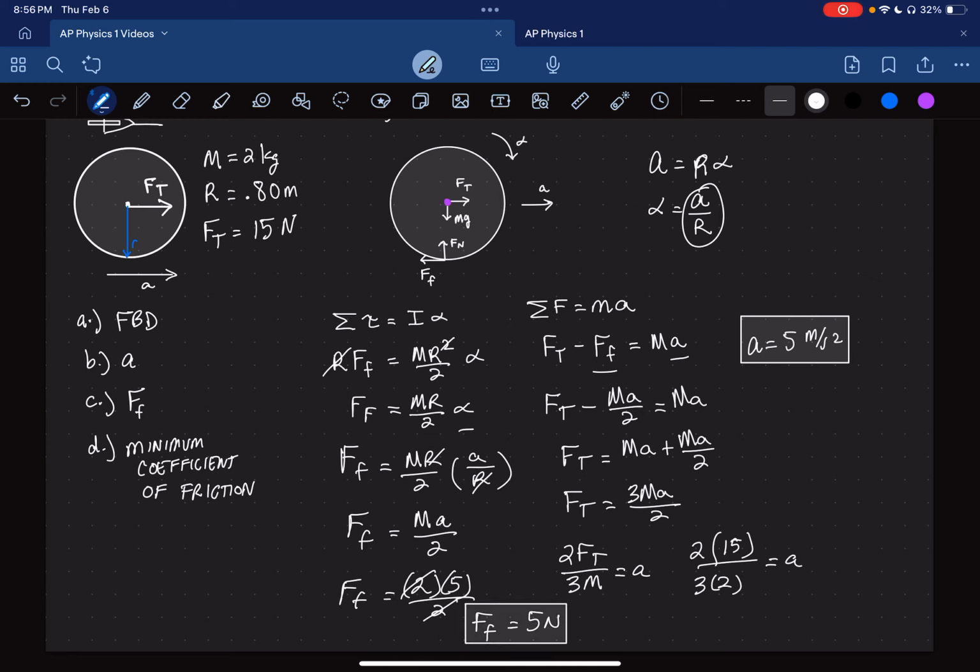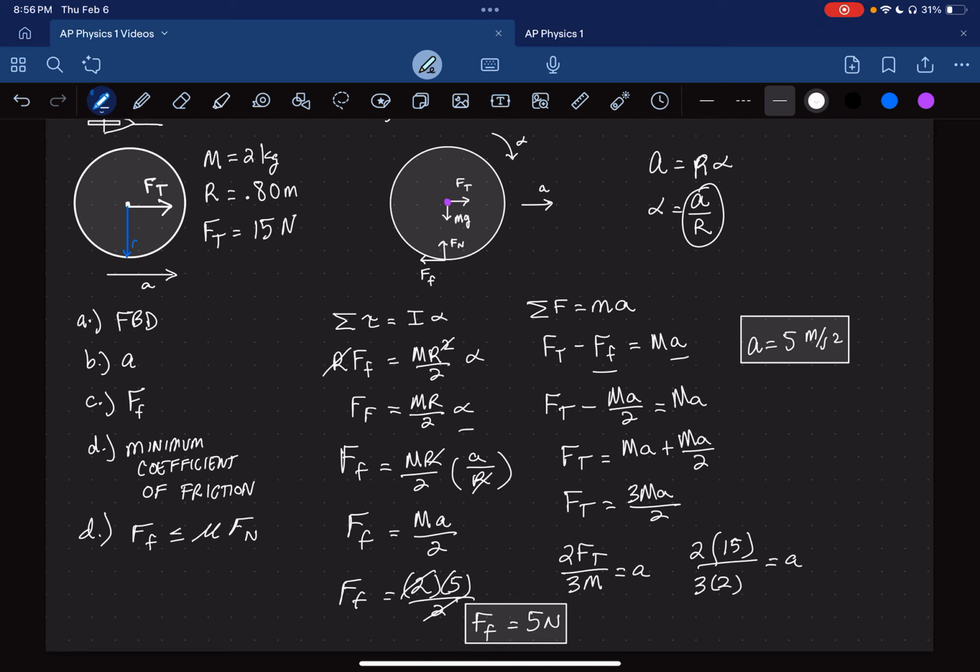What is the minimum coefficient of friction necessary to keep this thing from slipping? Let's do that here. D: friction force is less than or equal to mu sub s times F_n. Oh, and I want to ask you, what kind of friction is this? Think about this.